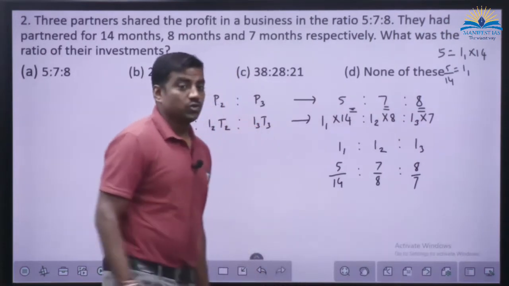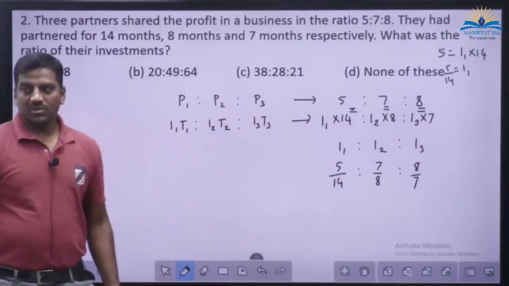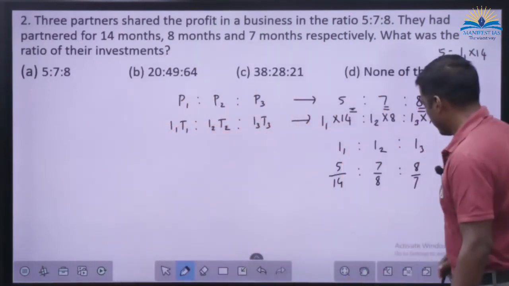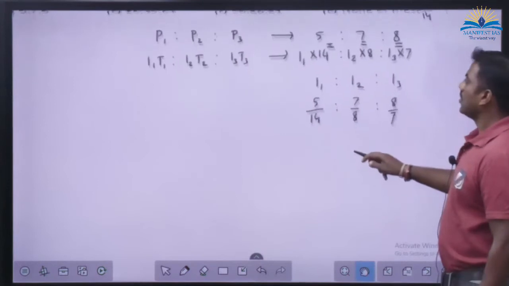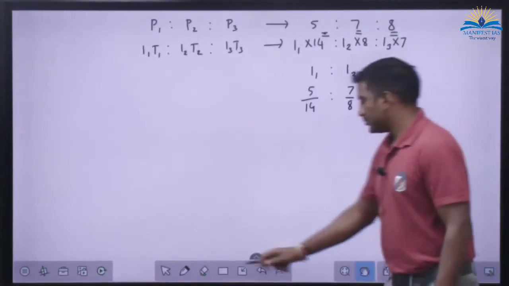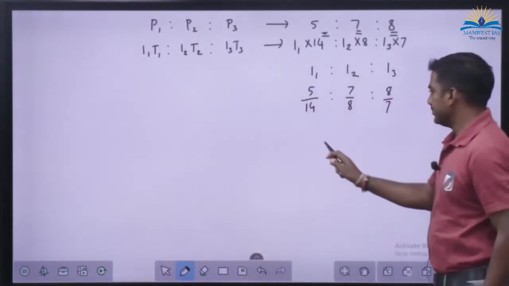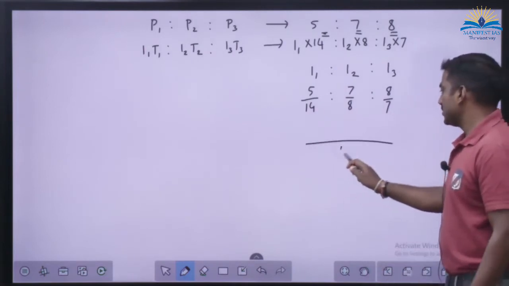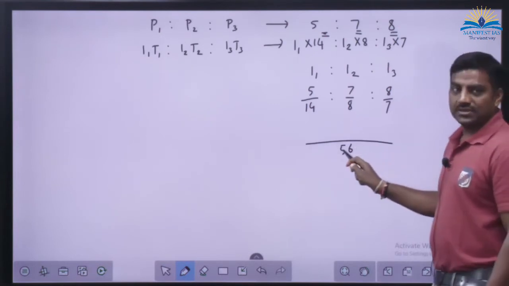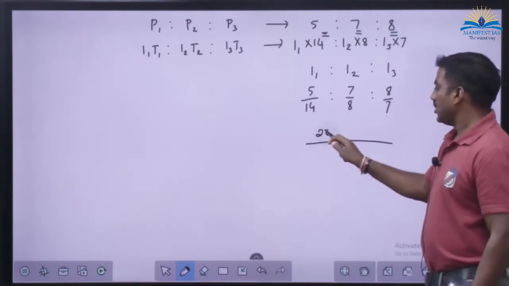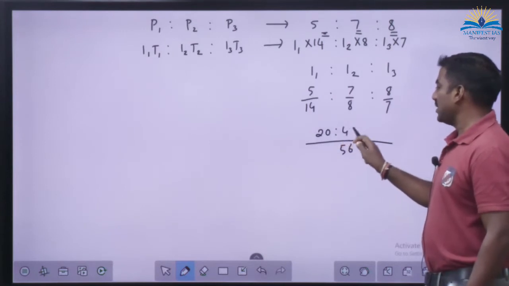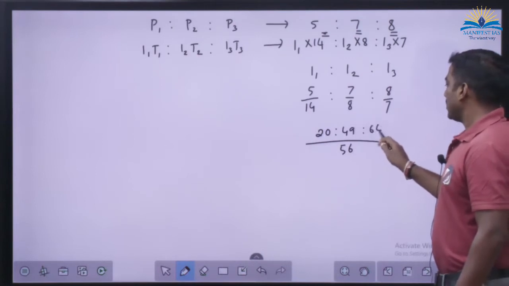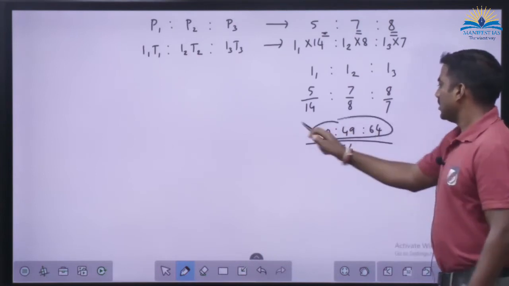But we cannot keep the ratios in fractions. We have to take the LCM. So what is that LCM? 56? Or you have forgotten already? 56. So 14 fours are 56, so 5 fours are 20. 8 sevens are 56, so 7 sevens are 49. 7 eights are 56, so 8 eights are 64.